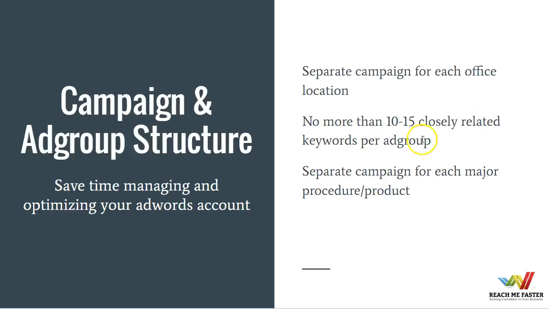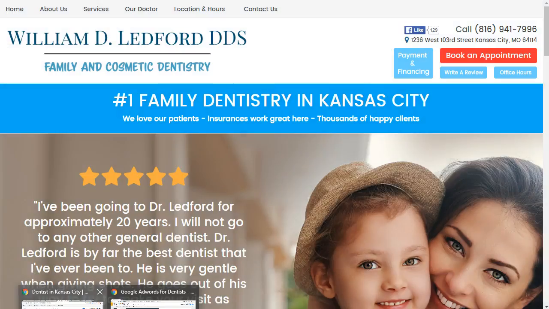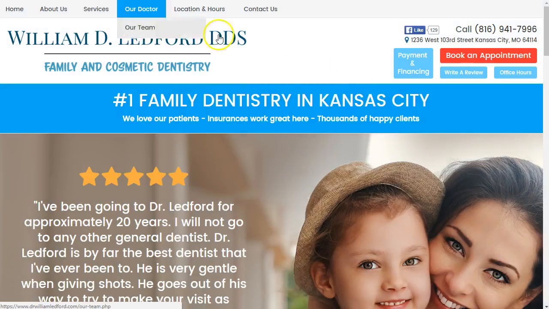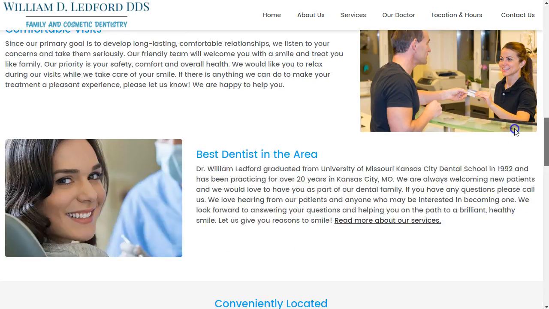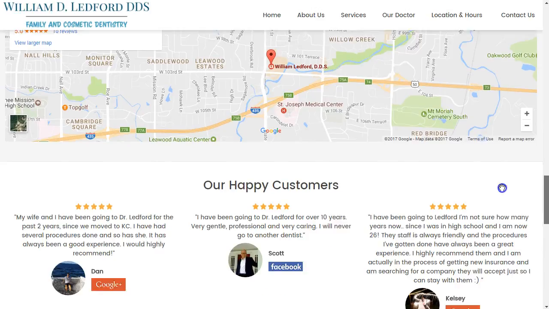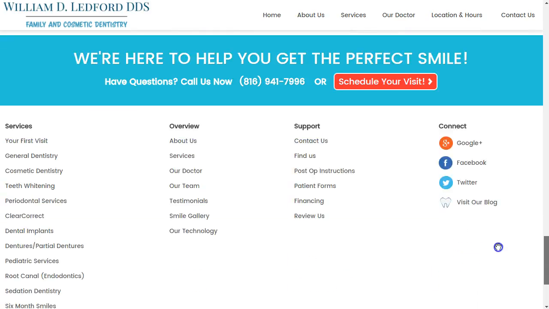The second thing you need to keep in mind is not to use more than 10 to 15 closely related keywords per ad group. So what is an ad group? An ad group is essentially comprised of keywords that you are bidding on.